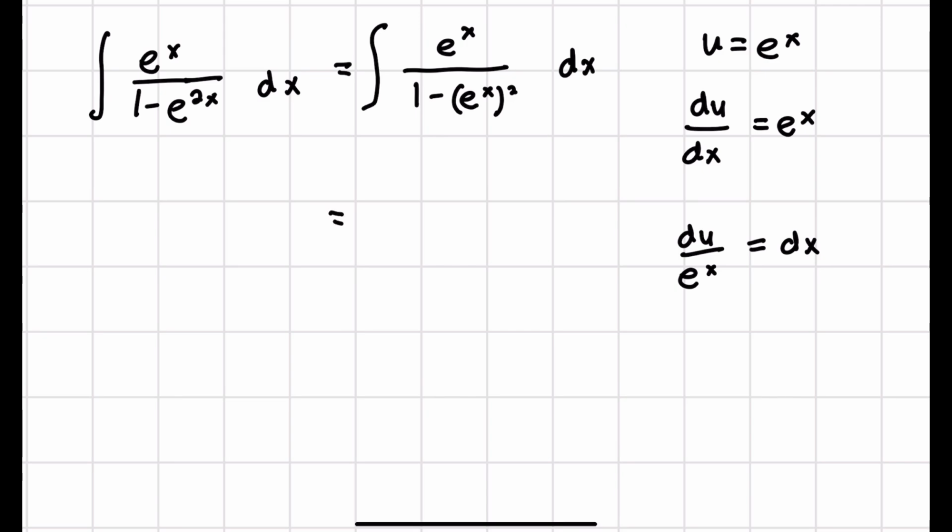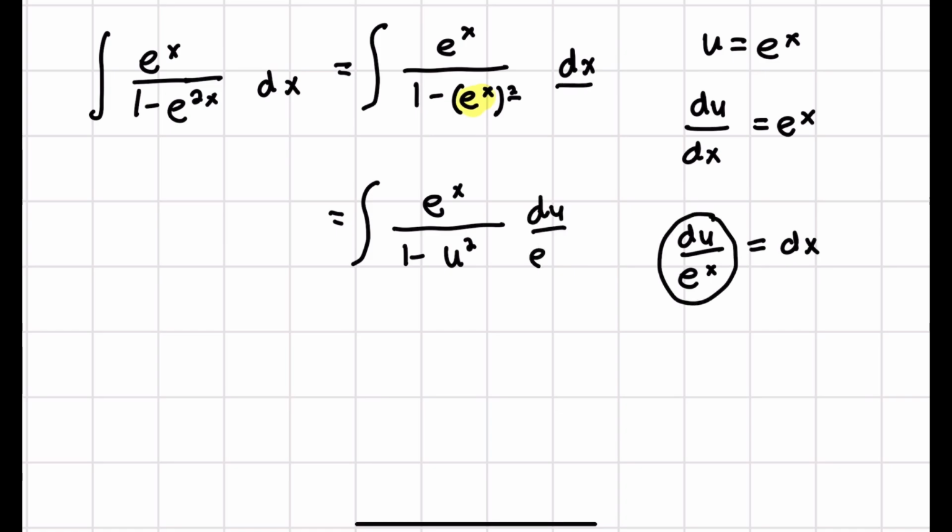So we have the e to the x over 1 minus, and since we have e to the x set as u, we can set u to the power of 2, because we have a power of 2 over here, and dx will be replaced with du over e to the x, and the e to the x will cancel out. And now we're left with the integral of 1 over 1 minus u to the power of 2.